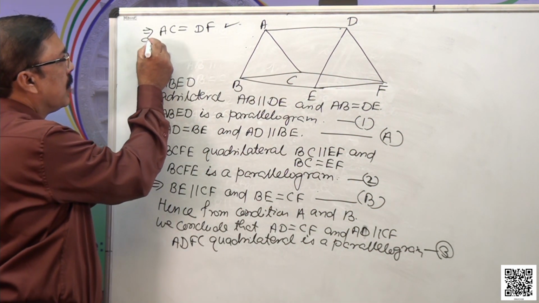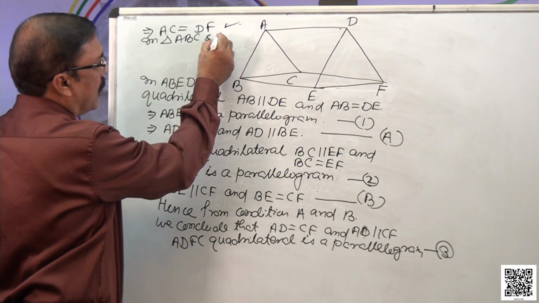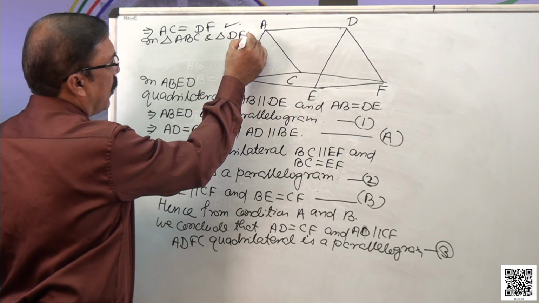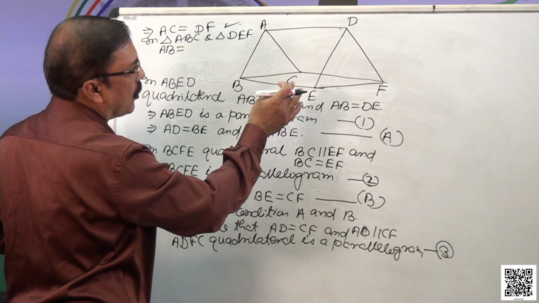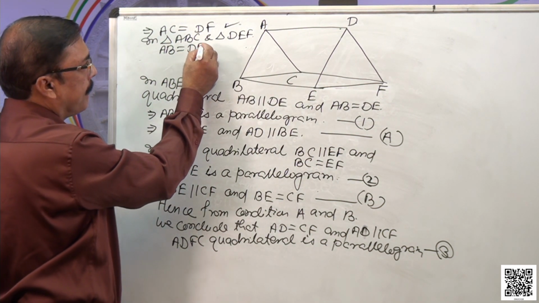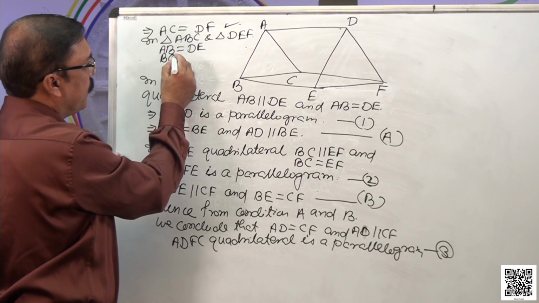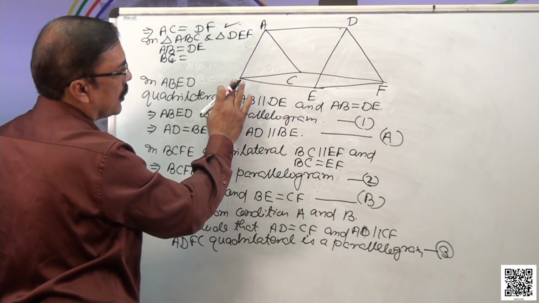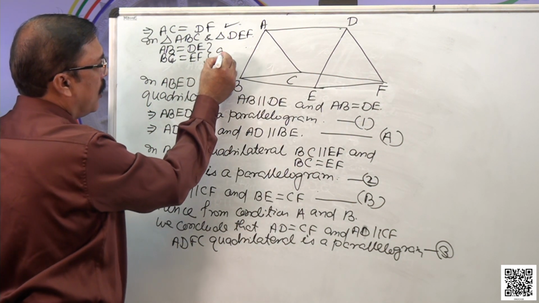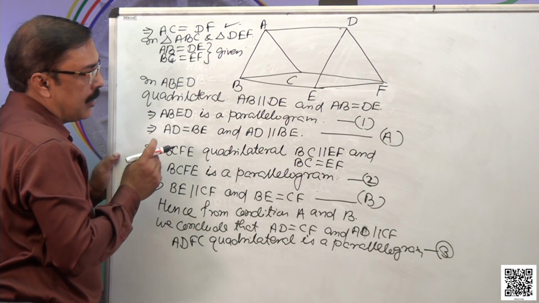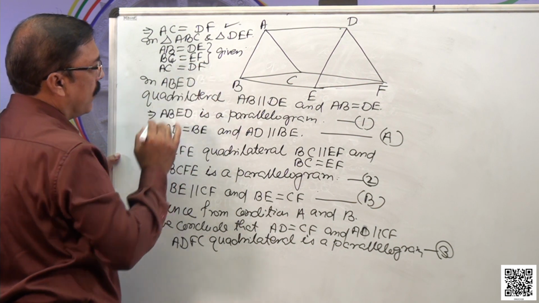Now, you see, in triangle ABC and triangle DEF, what are equal? AB is given to be equal to DE and BC is given to be equal to EF. These two are given, and now we prove that AC is equal to DF.